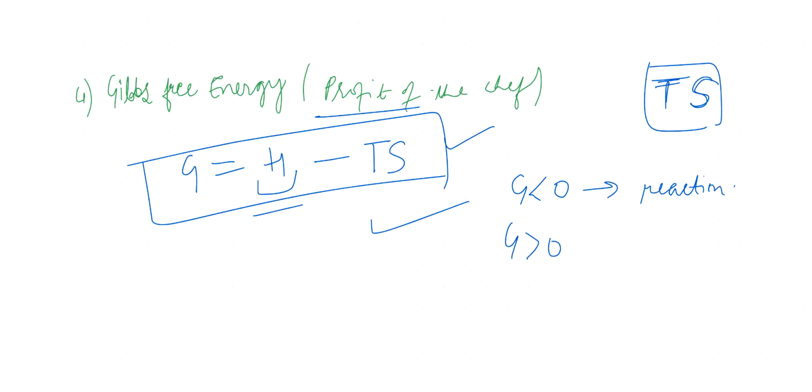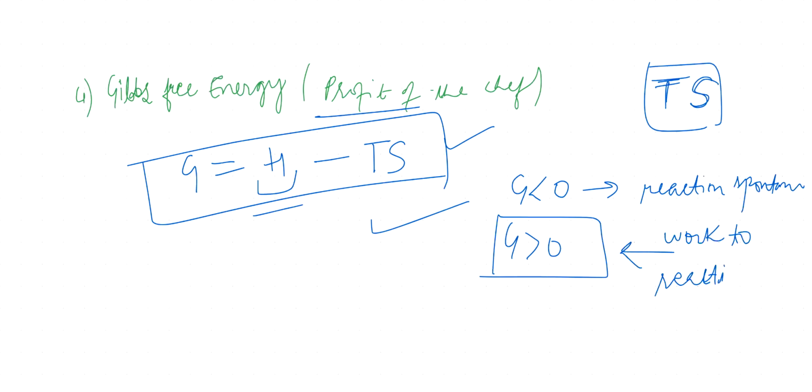If G is greater than 0, then we have to do work to make the reaction happen. We have to add the energy.